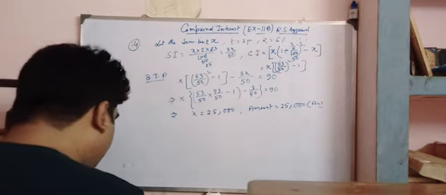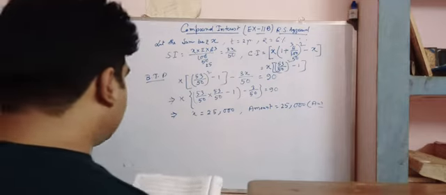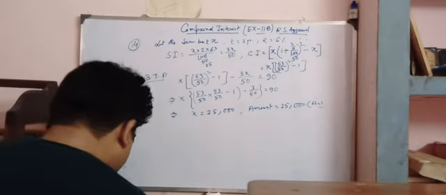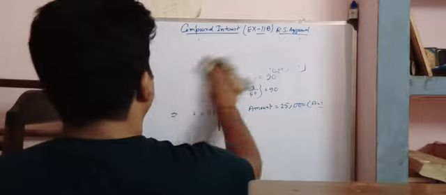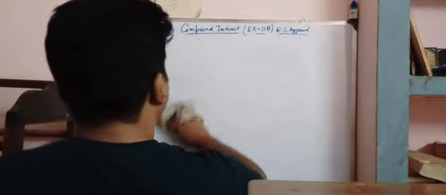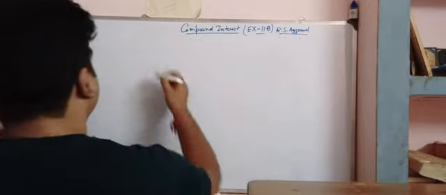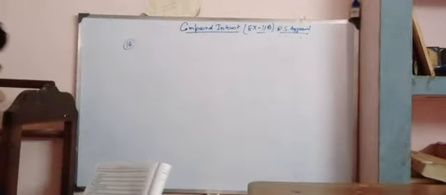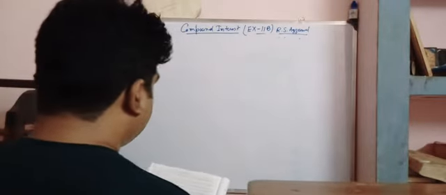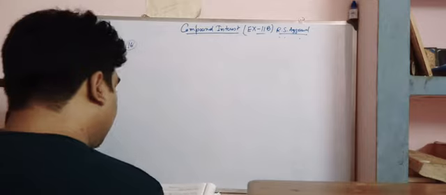A sum of money amounts to rupees 10,240 in 2 years at 6 whole 2/3% per annum compounded annually.